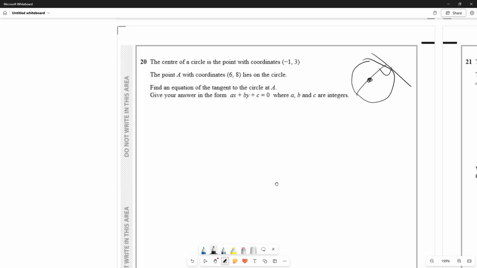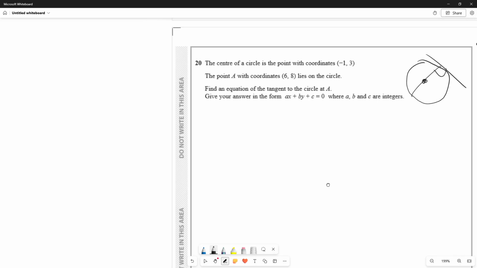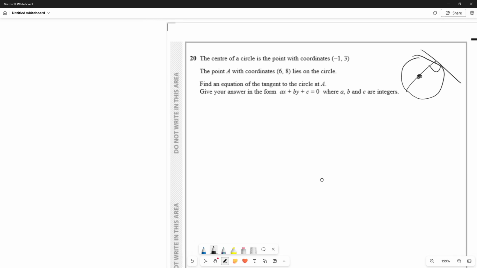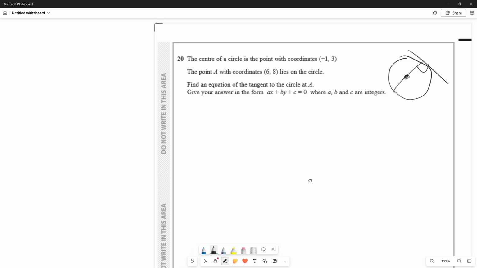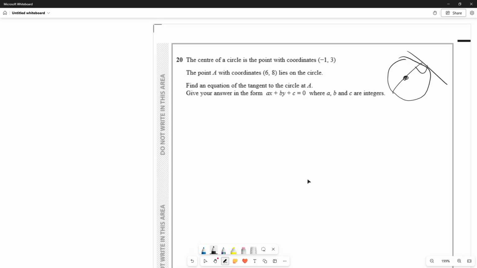I'm going to solve this GCSE style, and I'm not going to use the different form that AS level uses, but if you do learn that, it's not that complicated, and it makes life so much easier. Doesn't matter. First, let's figure out the gradient of the radius of the circle to that point. Perpendicular is just times minus 1 and flip.